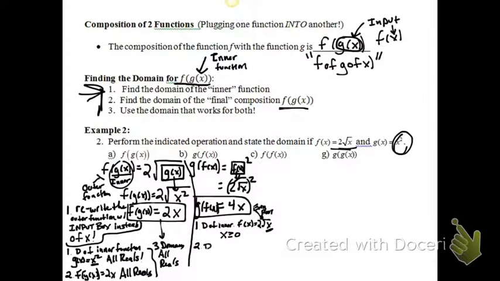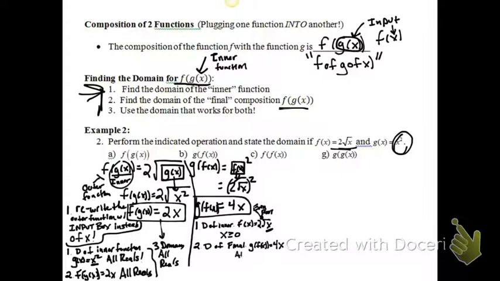Step 2, we're going to do the domain of the final answer. Now the final answer, remember we had g of f of x is just 4x. And there is no domain issue with 4 times a number, right? You can plug in any number and multiply it by 4 and no big deal.